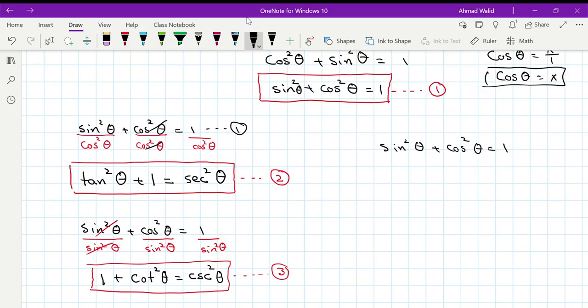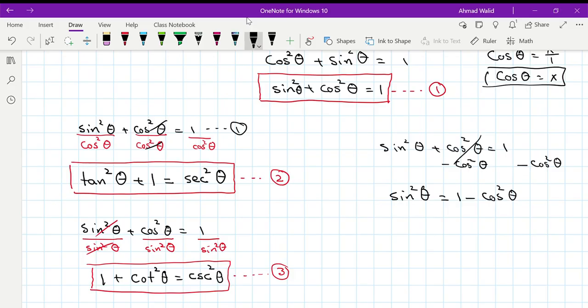equals 1. Let's solve this equation for sine. To solve this equation for sine squared, I'll subtract cosine squared theta from both sides, also subtract here cosine squared theta. Correct? These two cancel out. Then I can say sine squared theta equals 1 minus cosine squared theta.